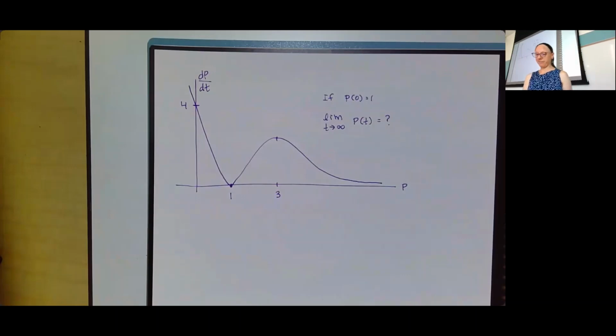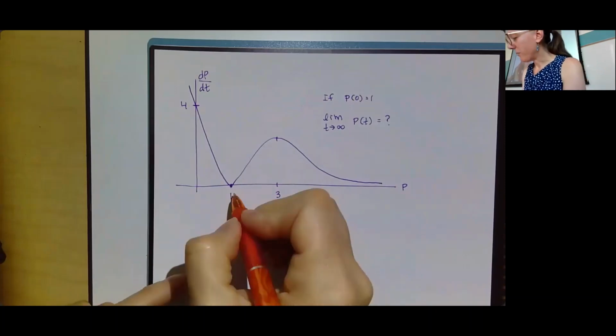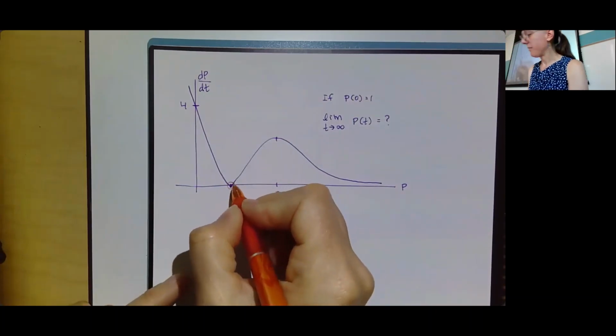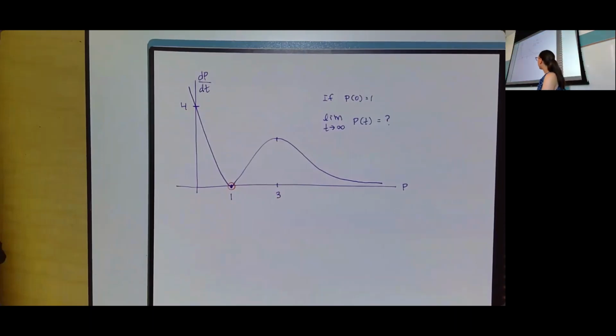So here's the thing. If p of 0 is equal to 1, that means I'm starting right here. What's the value of the derivative? Right. If my derivative is 0, is my function changing?